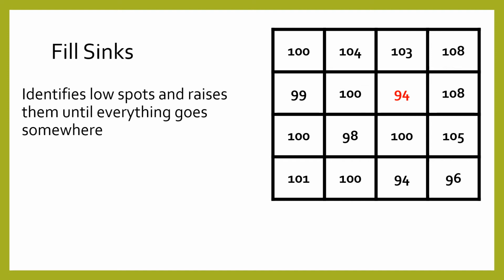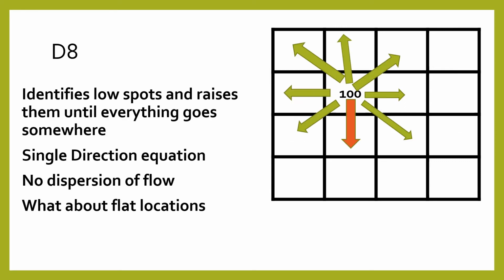No more complicated than that. In this case, it has to reach a value of 101. At that point in time, it is no longer lower than all of its surrounding cells. It will now drain to somewhere. So let's look at how this process works. If we use the D8 method, it identifies low spots and raises them until everything goes somewhere, and then it has a single direction equation. There's no dispersion of flow.